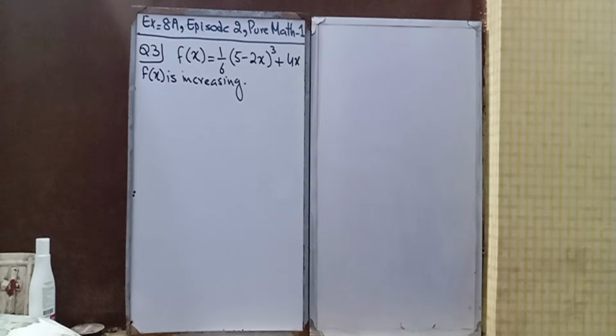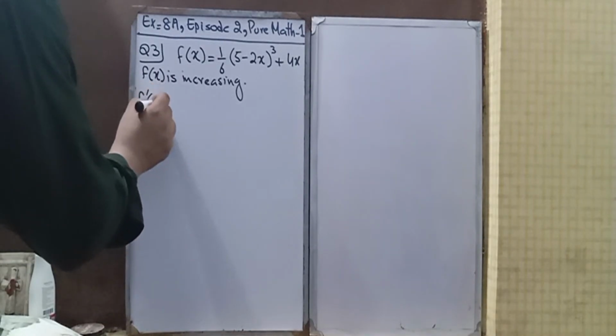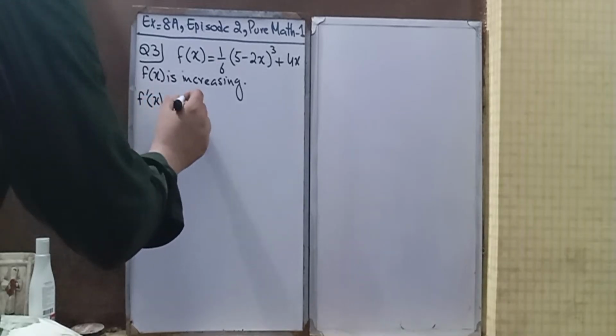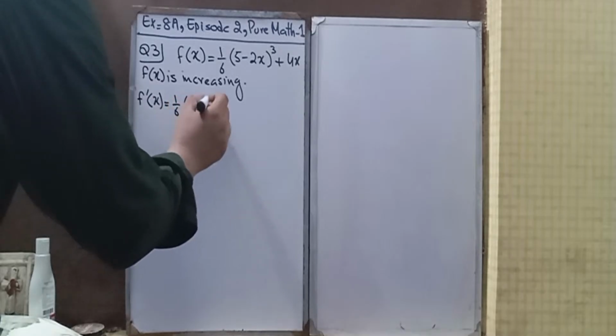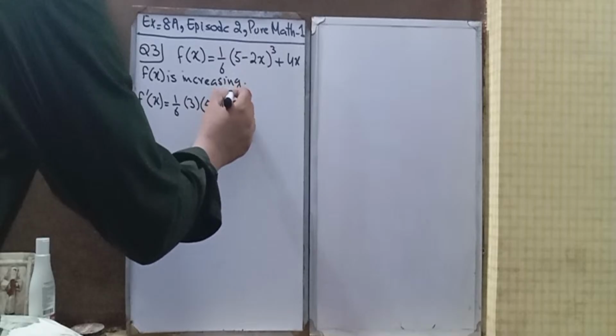So first of all, we are going to find the derivative, so I'm going to differentiate it. f dash of x will be equal to 1 by 6 remains as it is. The power 3 will come on the side. 5 minus 2x, its power will decrease by 1, so it will become 2.